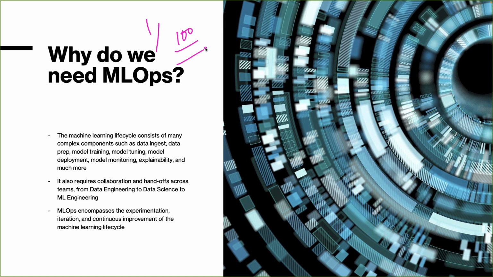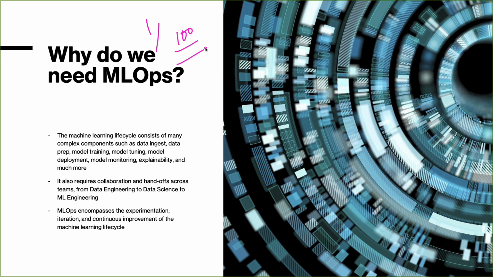Then as a data scientist, you prepare the data set for training, which is where you apply pre-processing techniques, format the data, fix the data errors, and then perform model training, followed by hyperparameter tuning, then model deployment, and not just that, model monitoring, to check whether the model is working as expected. And at the end, you also have to ensure explainability is present, because explainability is an important element in machine learning models.